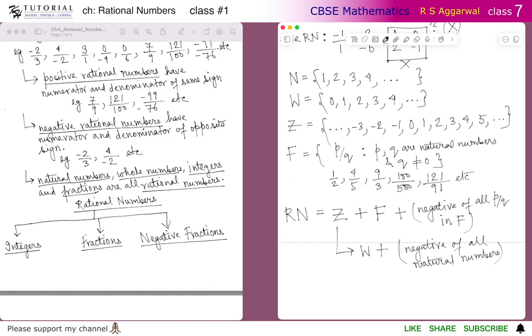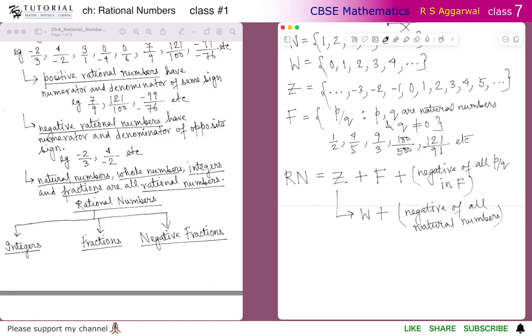So Z, the collection of integers, includes the whole numbers, natural numbers, and the negatives of the natural numbers. Fractions are the numbers of the form p by q, where q is not equal to 0 and p and q are natural numbers. And so rational numbers are nothing but the negatives of the fractions, the fractions, and the integers.